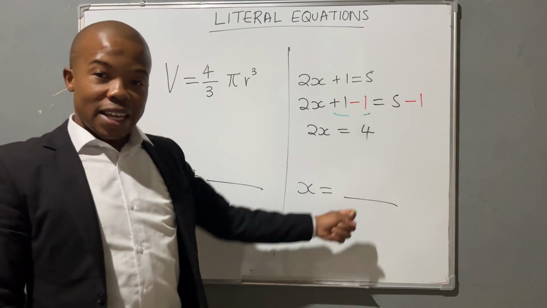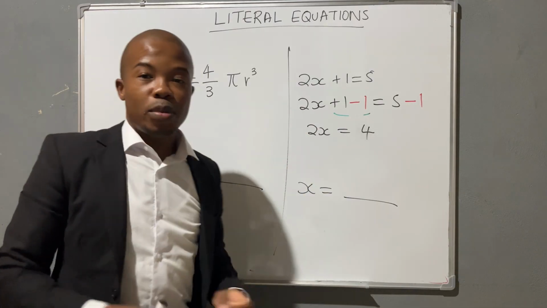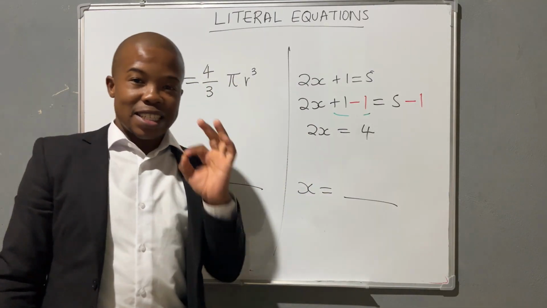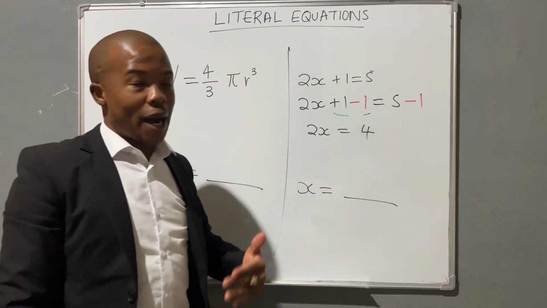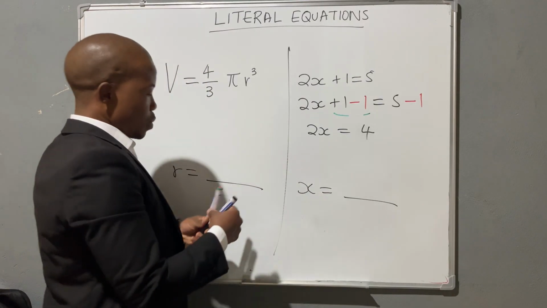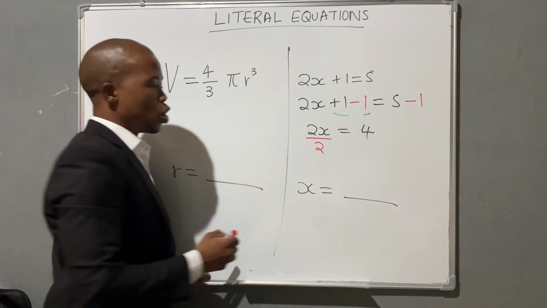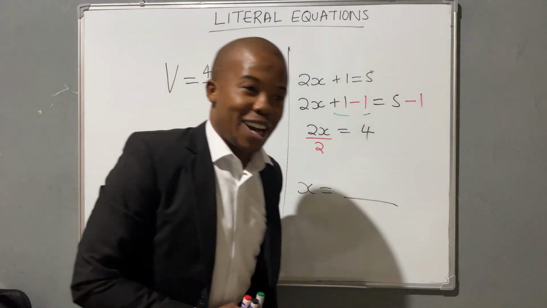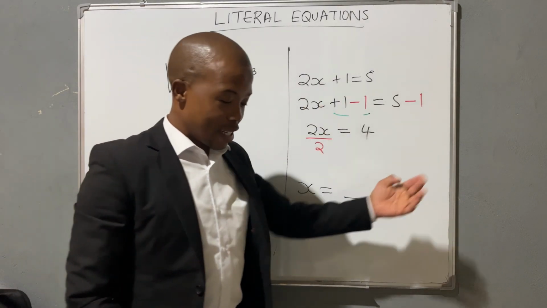Since they are multiplying, to get rid of the 2, which is multiplying, what is the opposite of multiplying? It is dividing, right? So we are going to divide by 2. Remember, again, what you do on the left hand side, you also do on the right hand side.